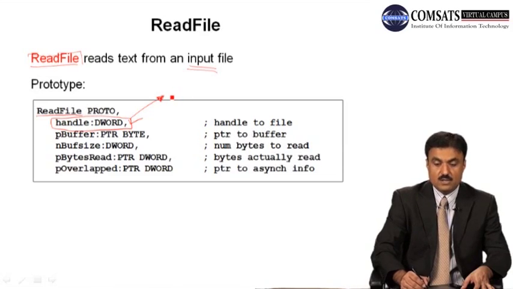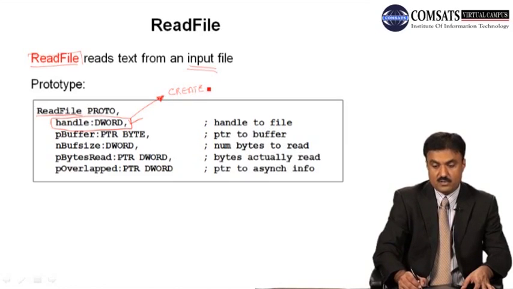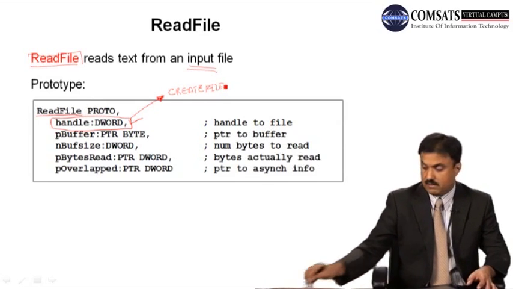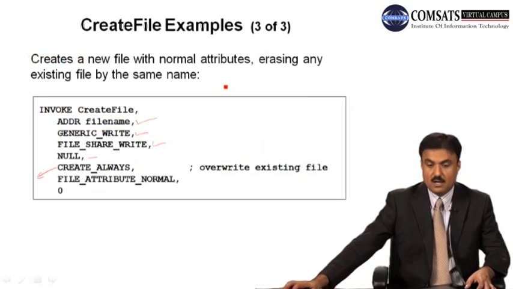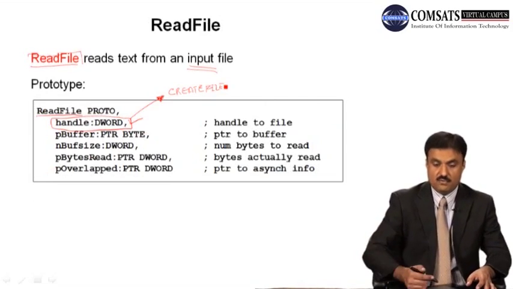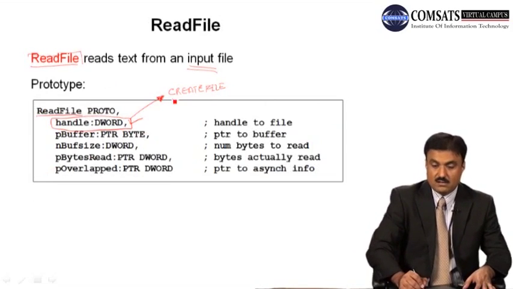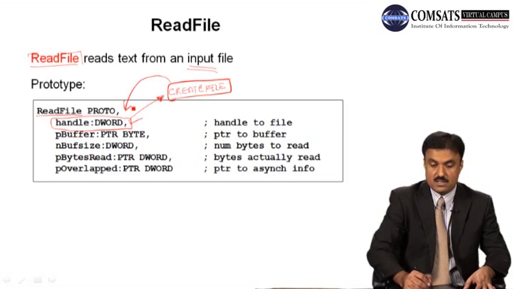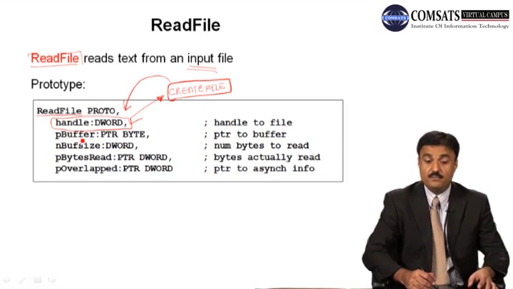So this handle you will get from the CreateFile procedure. CreateFile can create a file from an existing file or maybe a new file, and so on. So you will get this handle from CreateFile, and you have to use it here. Now we have the buffer, a pointer to the buffer, and this is the byte.